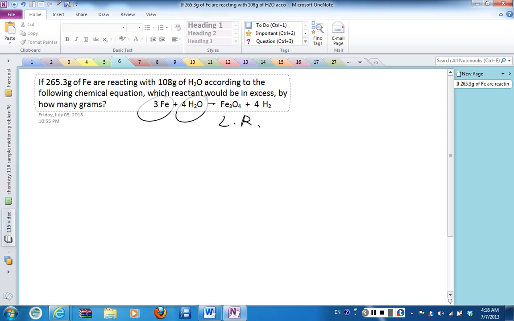Let's use each reactant calculating to the same product and find out who produces the least amount of product. Which product are we going to use? Between Fe3O4 and H2, I'm going to go with H2, just because its mole mass is easier to calculate.